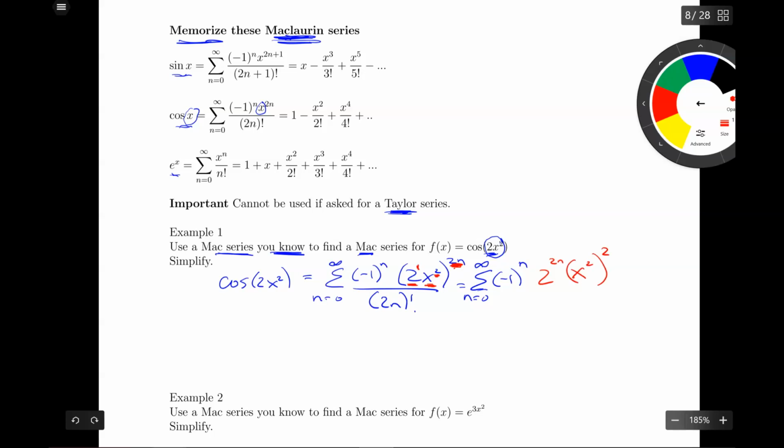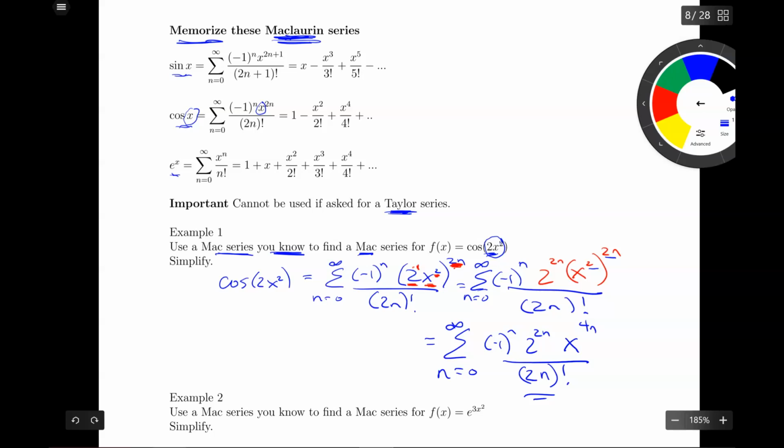I'm going slow so you see what I'm doing: distributing this 2n to both terms, putting the denominator back in. Those two multiply. So -1 to the n, 2 to the 2n, x to the 4n over 2n factorial. This is the Maclaurin series for cosine of 2x squared.